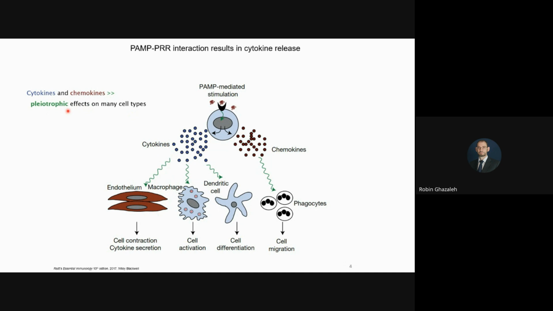So for those who have just now joined us, we've only just started, and we are looking at the concept of the pathogen-associated molecular patterns, which are recognized by families of pathogen recognition receptors.